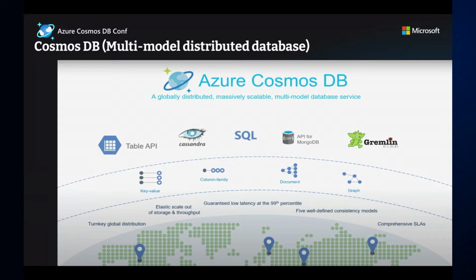For column family, we have Cassandra API, and for key value, we have a Table API. Having said that, we can always target existing Mongo and Cassandra applications to seamlessly migrate to Azure Cosmos DB. One last thing, Cosmos DB is a fully managed service and provides an SLA with, I would say, five nines, which is pretty high compared to other data store options.